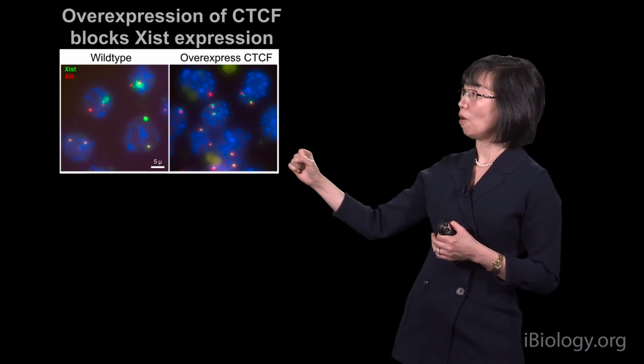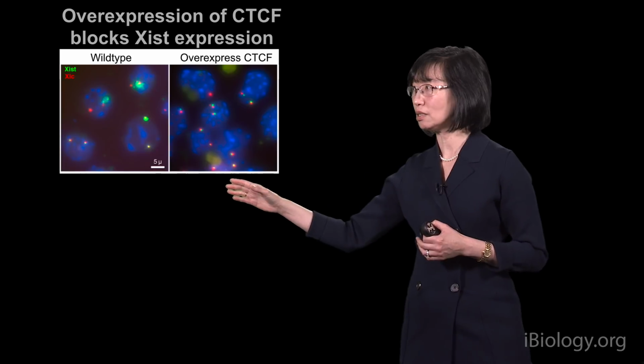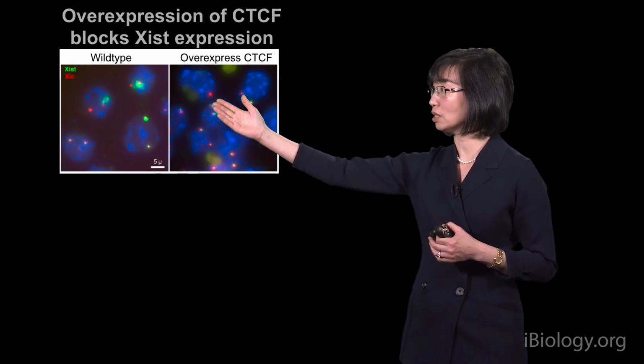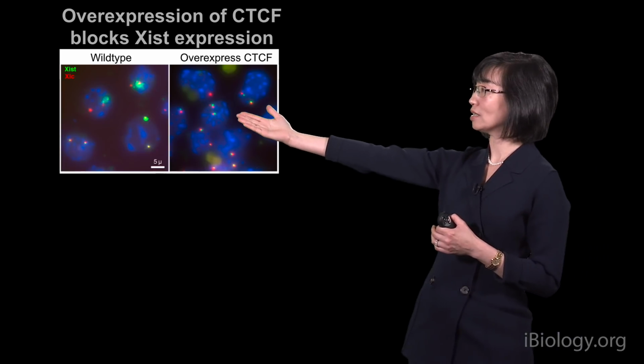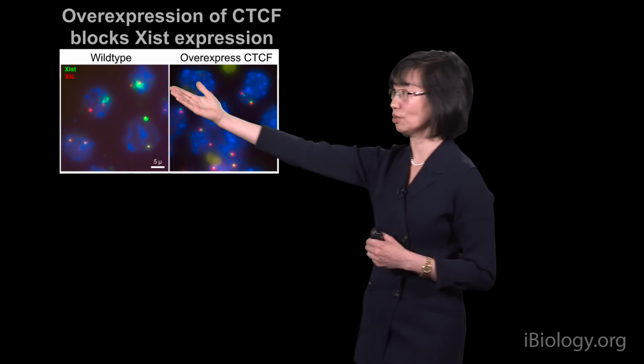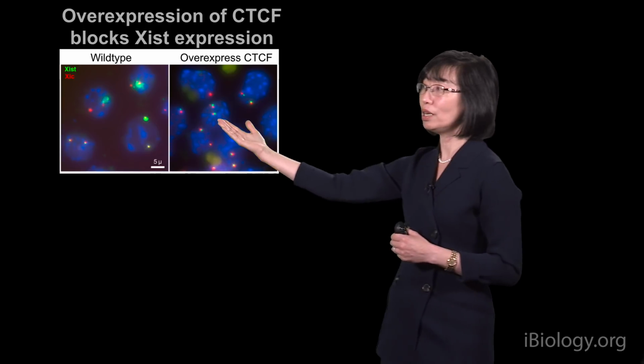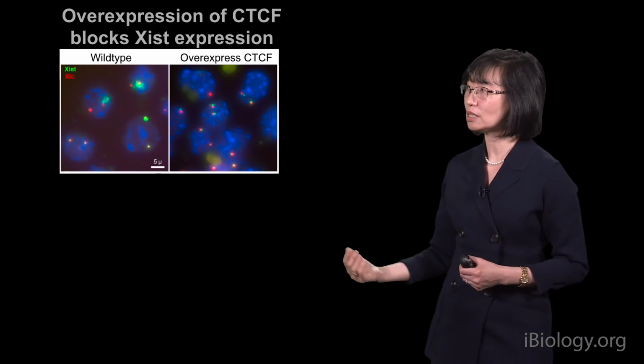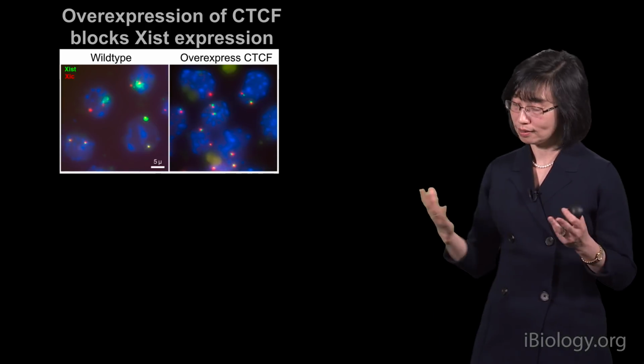So here we're overexpressing CTCF, this is a repressor of Xist, and you can see that when we do that, the cells no longer upregulate this green cloud of Xist. So here's wild type, you can see, but in the overexpression system, we no longer see Xist clouds.